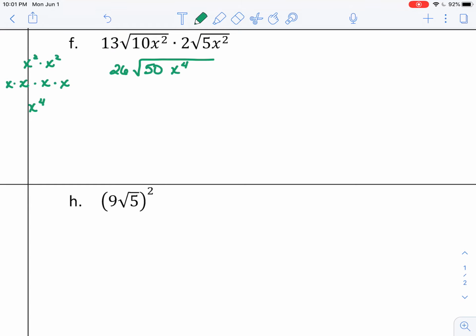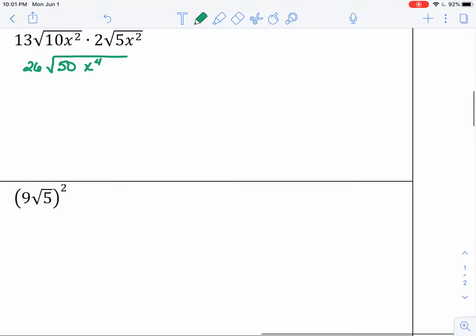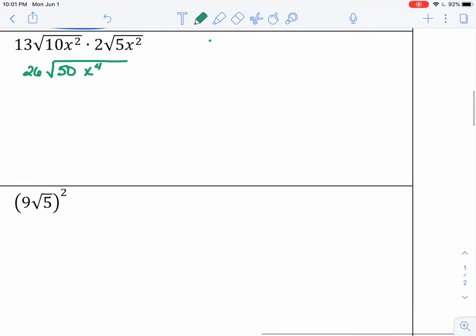So I've multiplied. I'm now going to check all the stuff inside the radical for the simplifying. So I see a number in there. I'm going to start with the 50. I'm going to break it up. I know 50 is 5 times 10, which gets me a prime number. And 10 is a 2 times a 5, so 2 more primes.